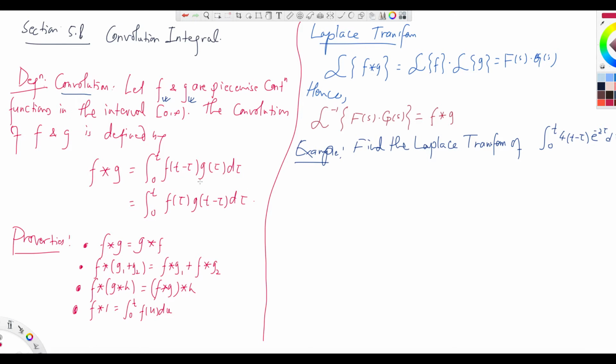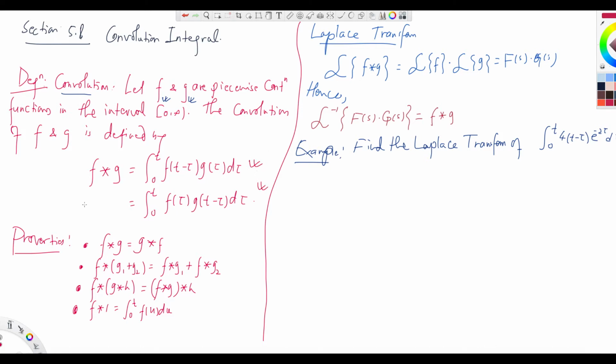You can think that way. The product is integrated from 0 to t. So this will be a function of t, because you integrate with respect to tau and then replace tau by 0 and t, so ultimately you get a function of t. This is the definition of the convolution integral. You can use this one or that one, either one.